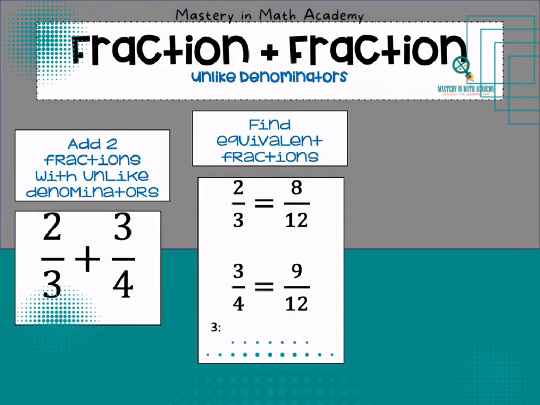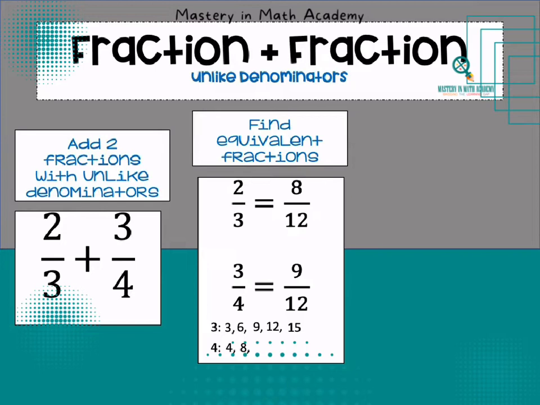Here you have 3. Let's find the multiples of 3. You have 3, 6, 9, 12, 15, and so on and so forth. You can go as high as you want to go. Now we're going to take 4. Remember, you're taking your denominators, you're finding multiples of them.